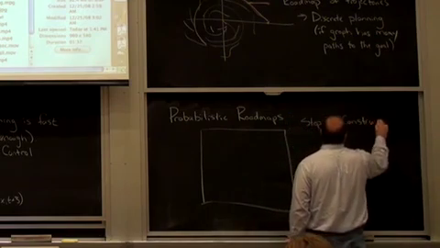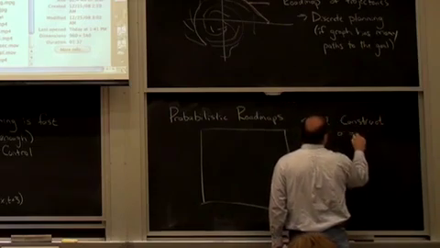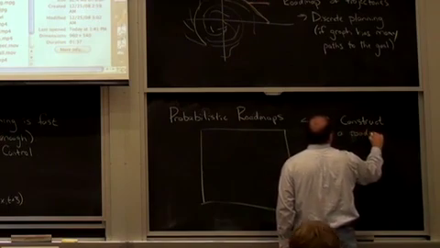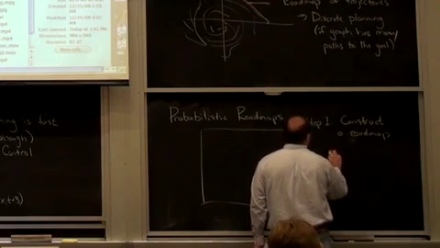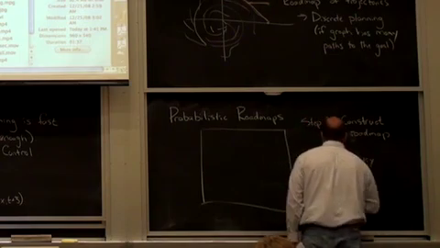First, you construct some dense enough graph, a roadmap, I guess I should call it. And then once you've got it, you just do your query phase.